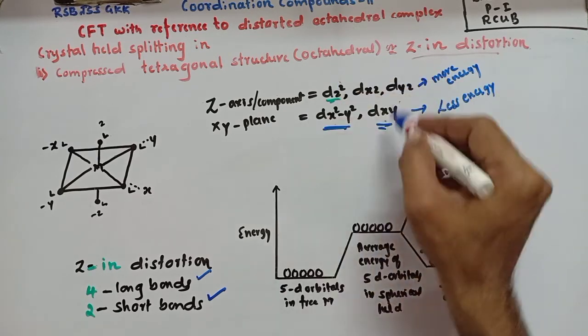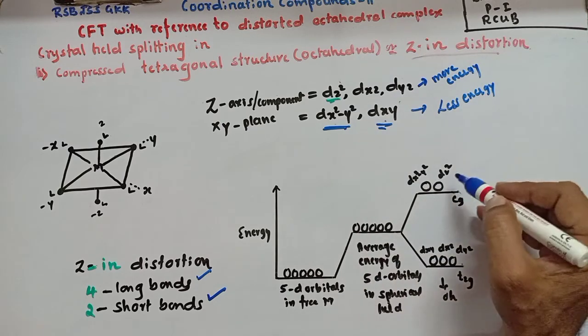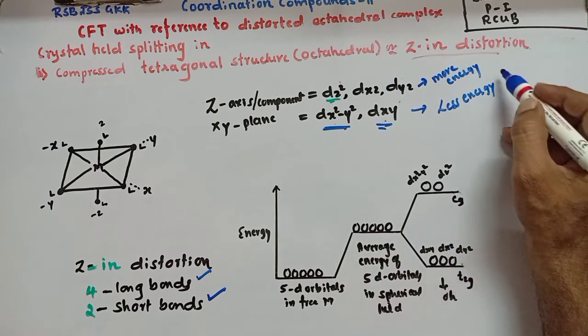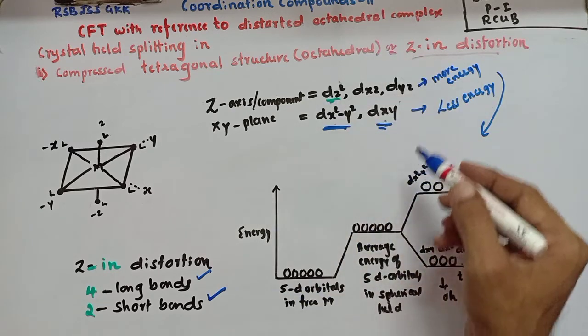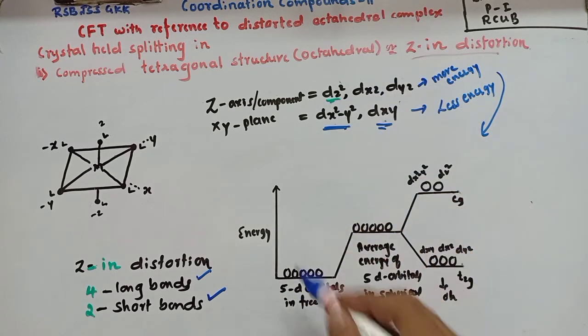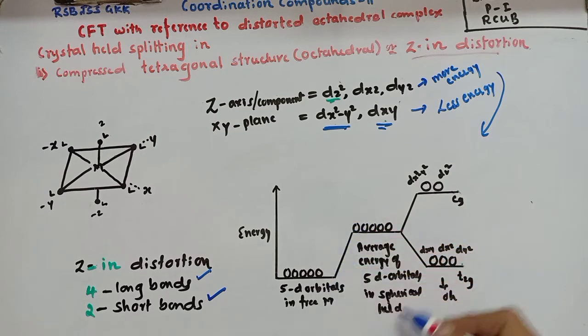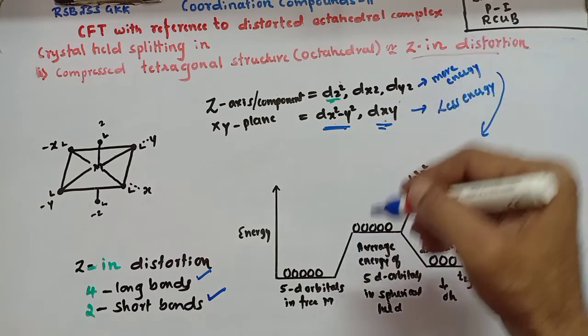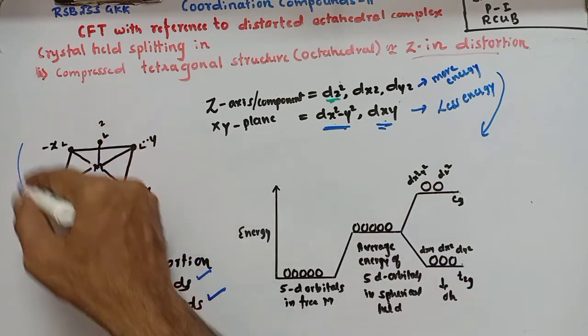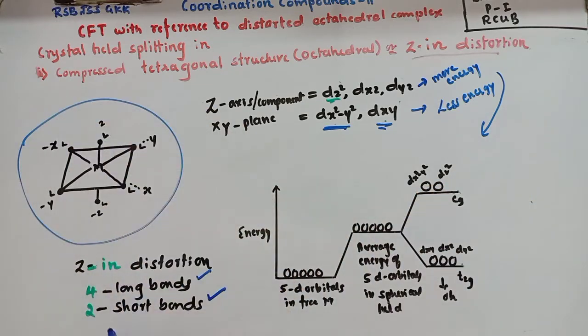So this fact can be represented in a crystal field splitting diagram as shown in this figure. In order to show this, we first consider the crystal field splitting diagram in case of a regular octahedral complex, because from the regular octahedral complex only, if Z-in distortion takes place, such a complex will form where 2 short bonds and 4 long bonds are formed.